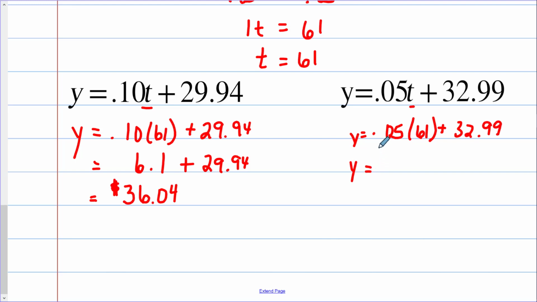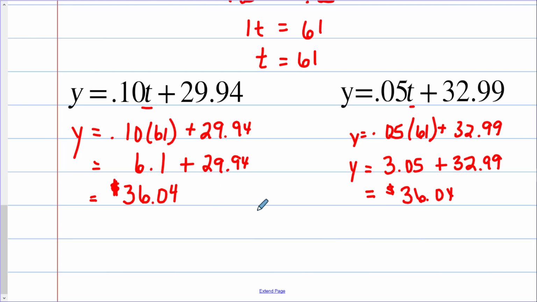That means y is equal to 3.05 plus 32.99. So that is equal to $36.04 again.